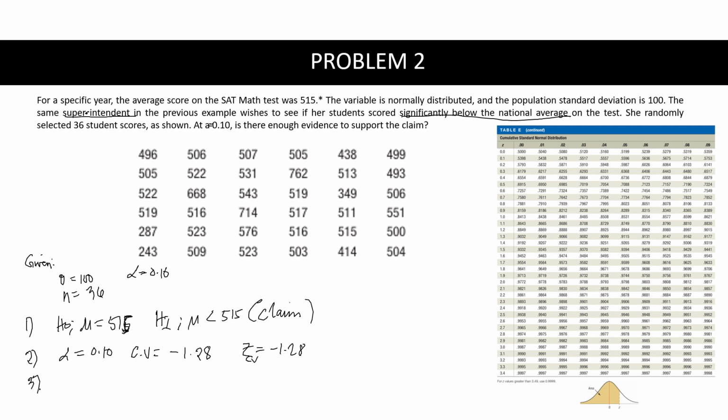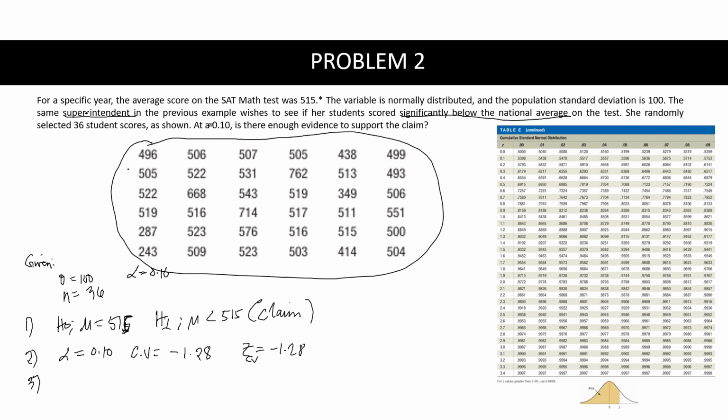The next step is we need to compute the test value. Since the mean is not given, we need to compute the mean. So we have to add all of the scores. In the previous video, I taught you how to compute the mean using your calculator.